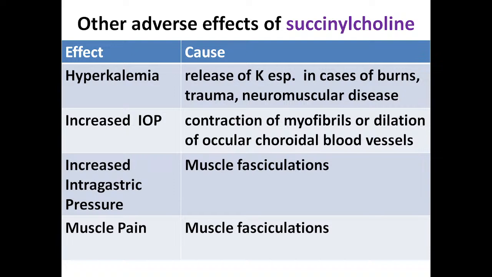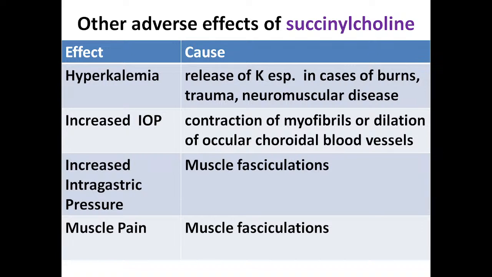Besides the neuromuscular junction, there are these nicotinic NM receptors around the motor end plate on the muscles, which tend to proliferate for some reason if a patient has burns or some neuromuscular disease like ALS.